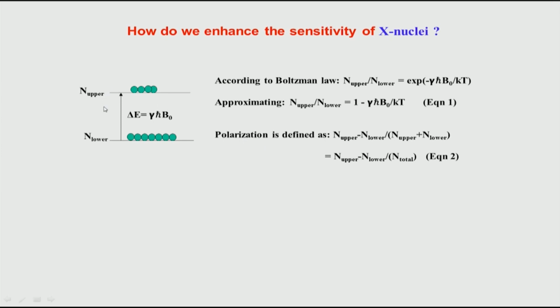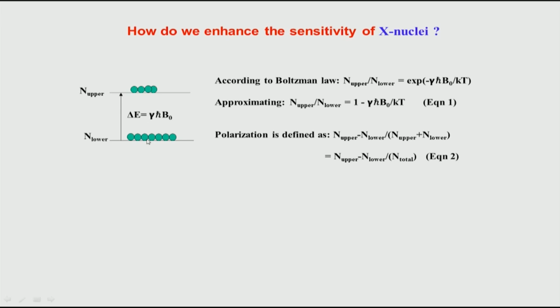That basically comes from the Boltzmann principle, which we saw in the very first part of the course. We looked at the energy levels and saw that the population is distributed between these two energy levels. This is called the lower state or alpha state, with spin positive half, and this is for spin value minus half, which we call the upper state.